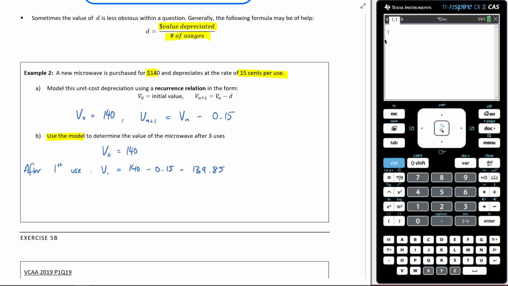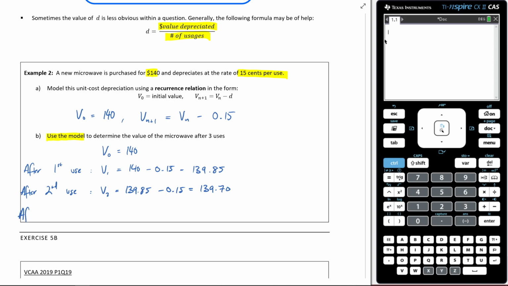139.85. After the second use, so V of 2, I take 139.85 and I subtract 15 cents from that. And that leaves me with 139.70.